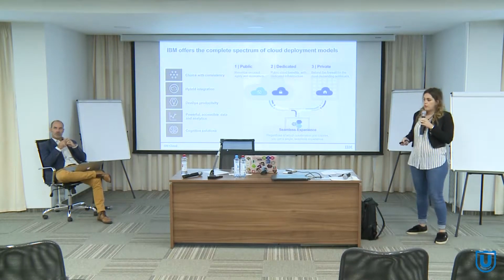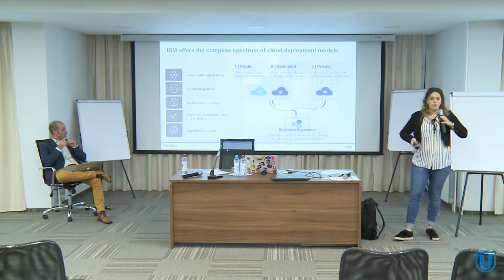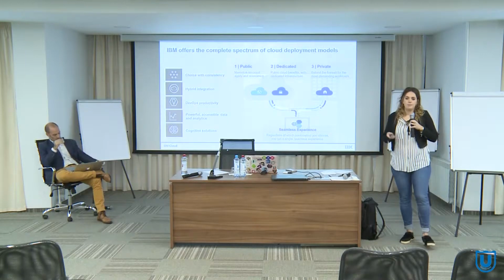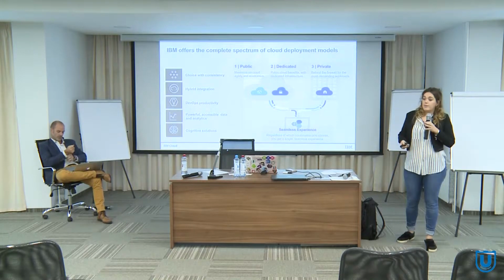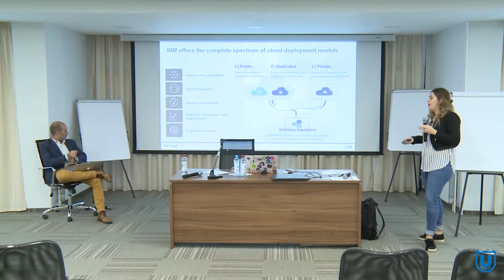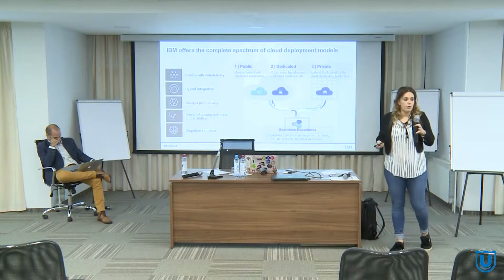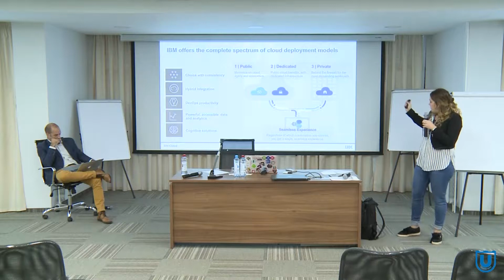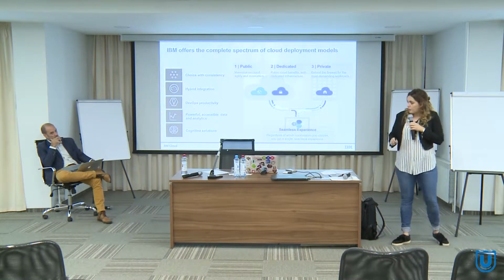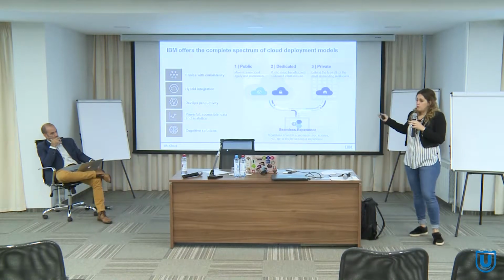But just for you to know that different deployment models exist within IBM, because companies, depending on their business, on their data privacy problems, security problems, or just personal data that you don't want to host on a database on cloud, usually need different cloud deployment models. So actually you can use many of them and connect them together, or you can use just one of them.